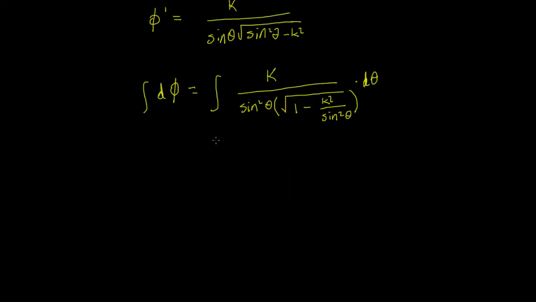Now, to simplify this a bit, just to make it look a bit simpler, we'll replace this 1 upon sine squared by cosec squared.